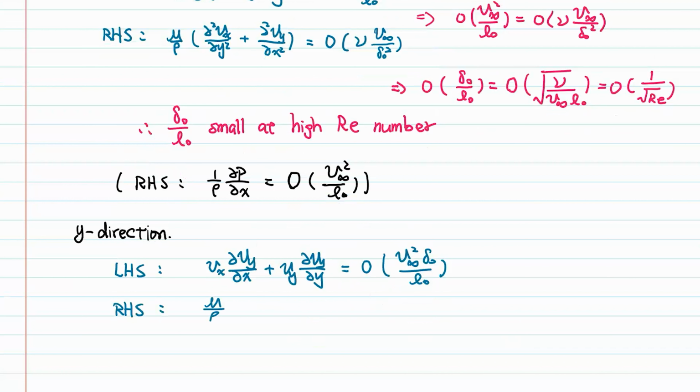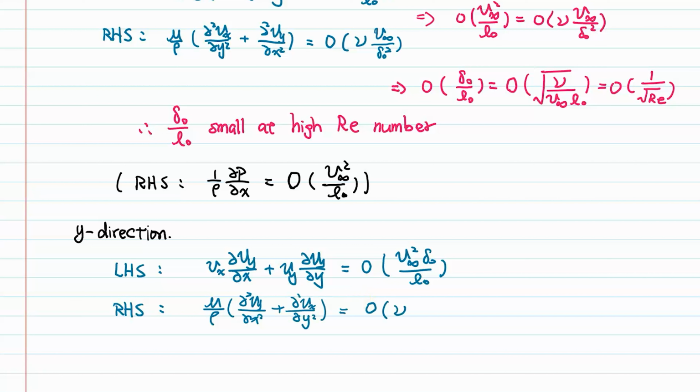So mu over rho partial square Vy partial x square plus partial square Vx partial y square. And that's on the order of the kinematic viscosity.